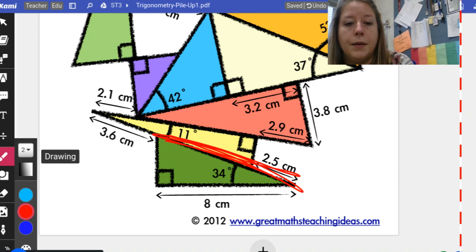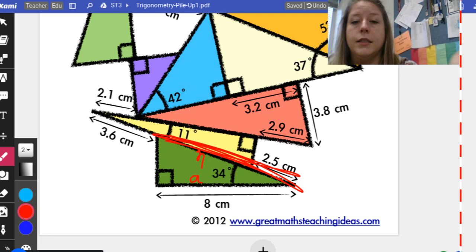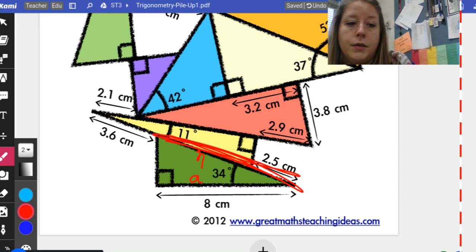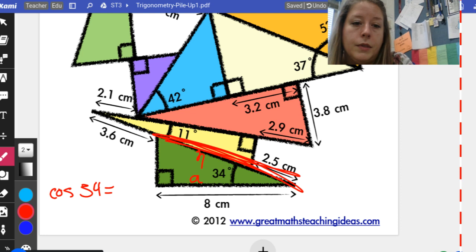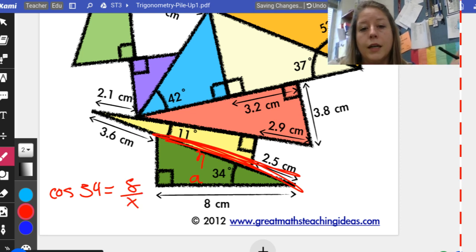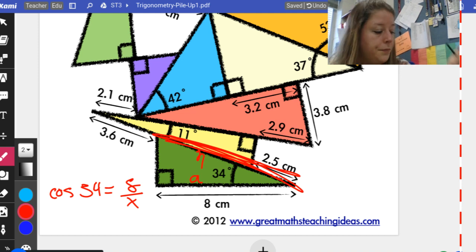This side here is the adjacent because it's touching the angle. So we're going to do cosine because it's adjacent over hypotenuse. So cosine of 34 equals 8 over x, and that will help us find that entire hypotenuse side.